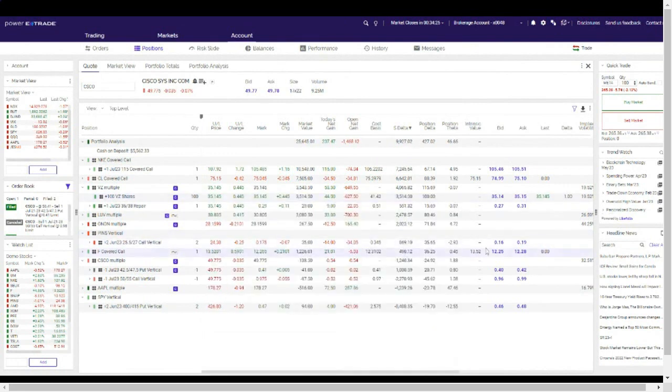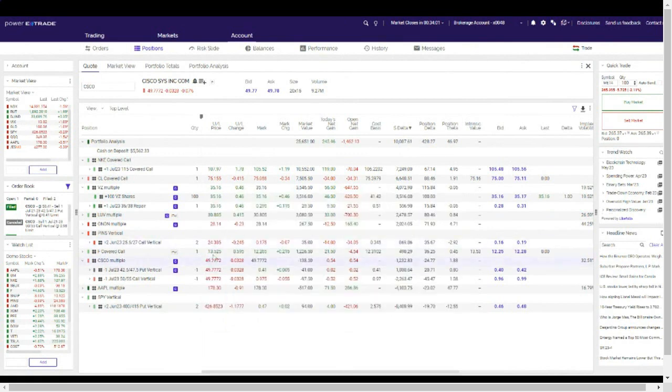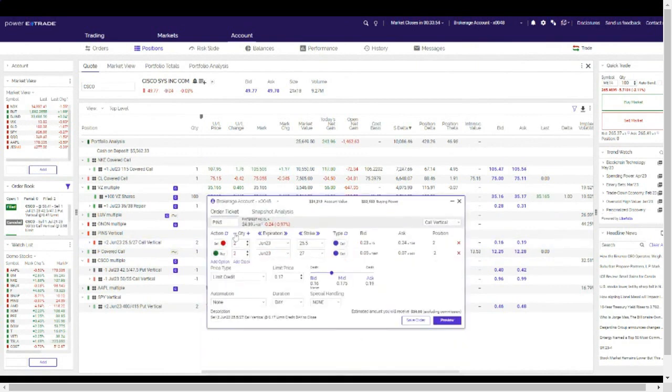If I said, oh, this is a winner, I know it's a winner, it's just today we're having a bad day, I'd click on the offer side of the spread, and again, it's bringing up my default quantity for opening a transaction, which is 2 contracts for spreads. Again, automatically populating the limit price of 17 cents, and I could very quickly add to my position. But instead, let's be disciplined and let's close out one of the 2 spreads.